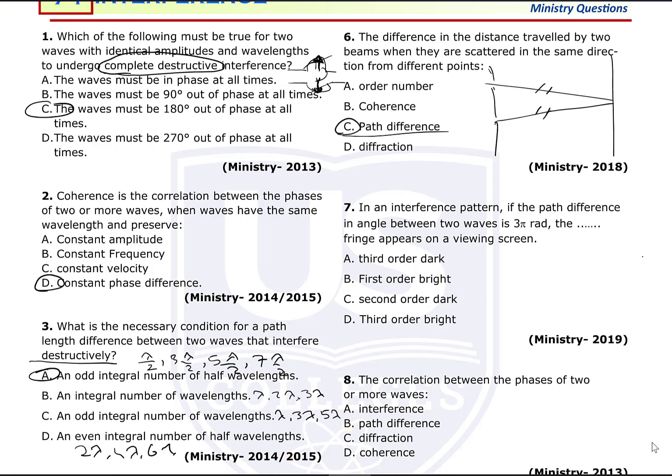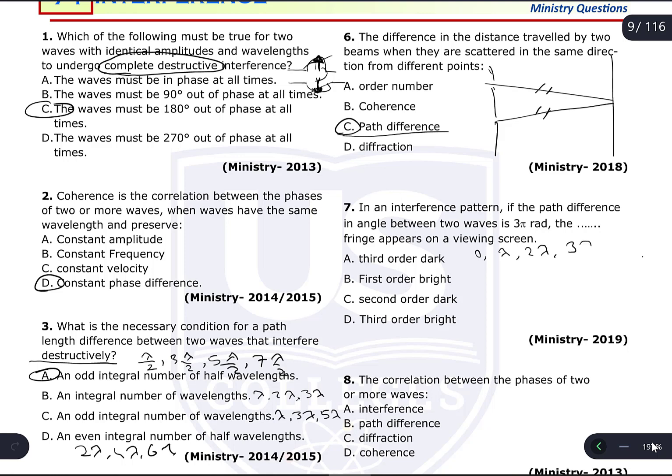Question number 7. In an interference pattern, if the path difference in angle between two waves is 3 pi radian. Remember, for constructive interference, the path length difference was 0, lambda, 2 lambda, 3 lambda.